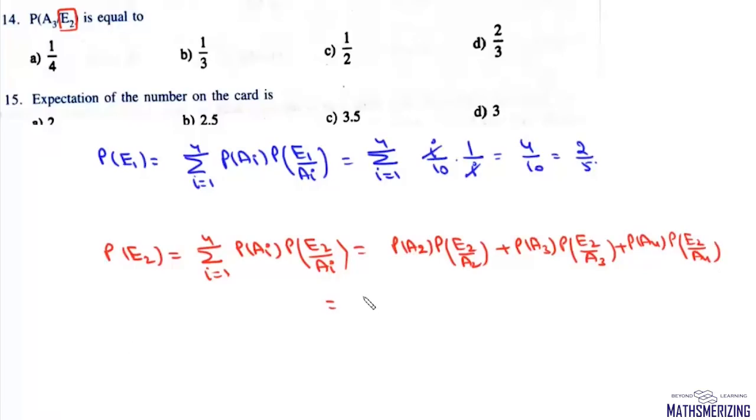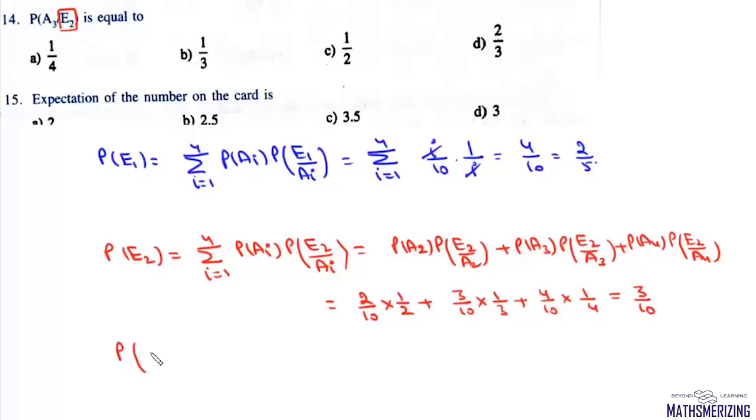Now this is 2 by 10 into 1 by 2, this is 3 by 10 into 1 by 3, and this is 4 by 10 into 1 by 4. So this probability is 3 by 10.